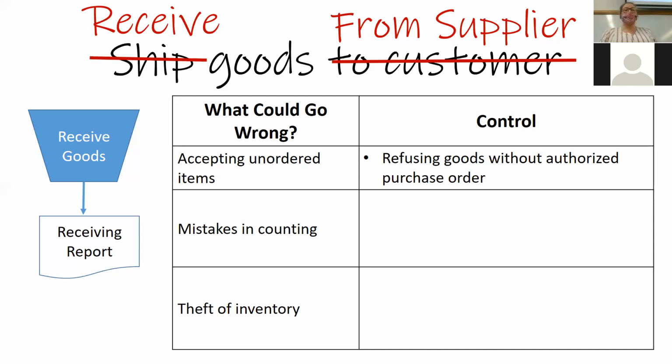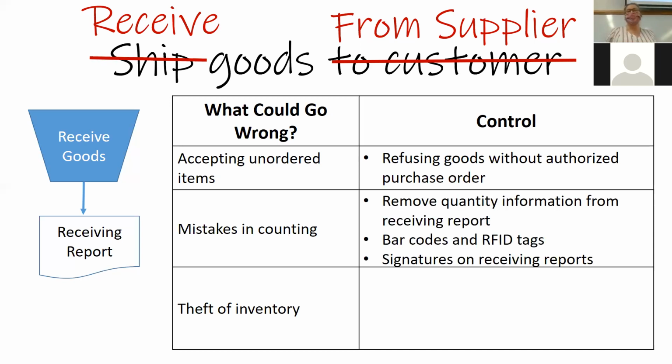Making mistakes in counting. The control with that, like we've talked about before, is using barcodes and RFID tags, requiring signatures as indication of approval, and then making the people in receiving actually count the number of goods received rather than just blindly accepting what's on the invoice or shipping document.